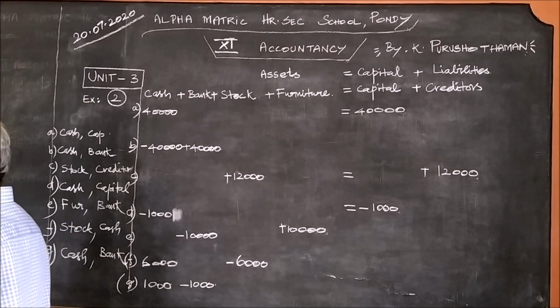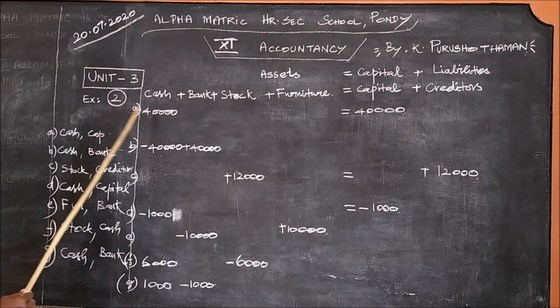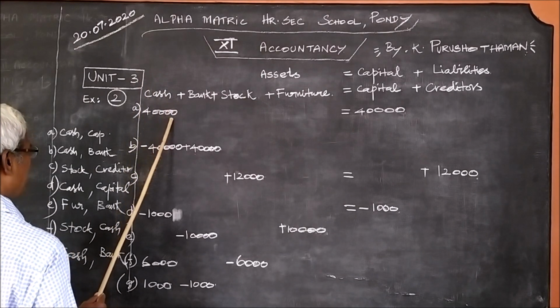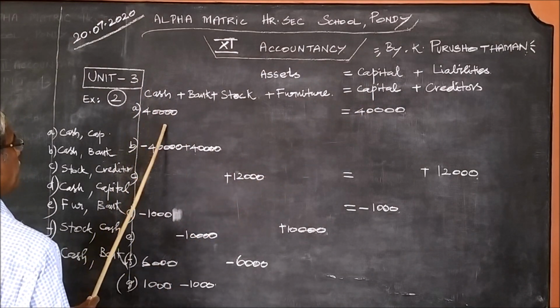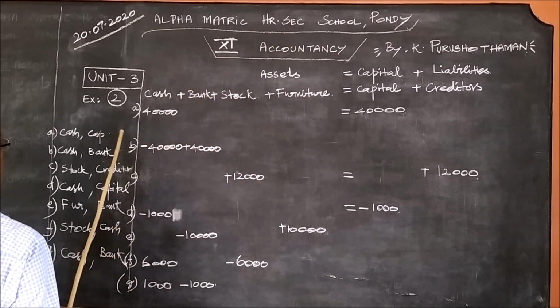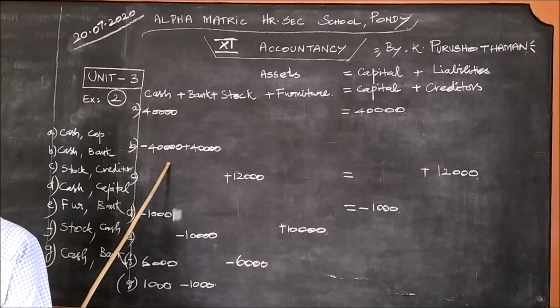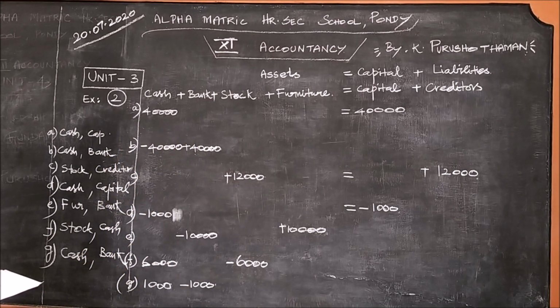Once again repeat the same. Raj started business with the cash. When business is started, cash 40,000 comes in and it is called the capital. Therefore cash 40,000, capital 40,000. Opened the bank account with a deposit of 30,000.